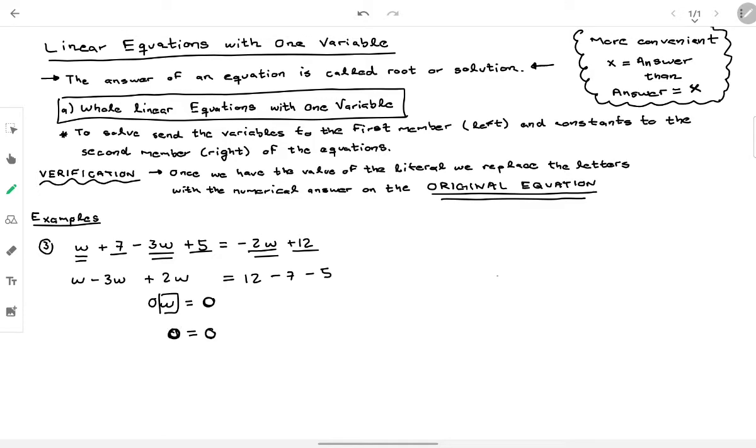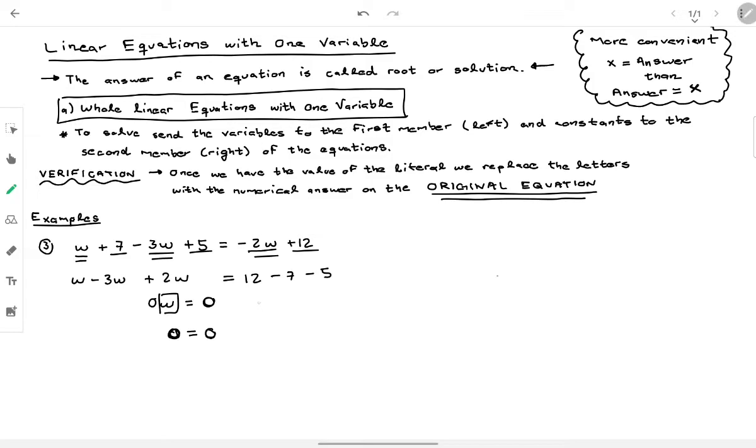So this one is a little bit different than number 2, because in number 2 it was impossible to find an answer. But in this case, every number that we put on the w will work, because 0 multiplied by everything is 0.